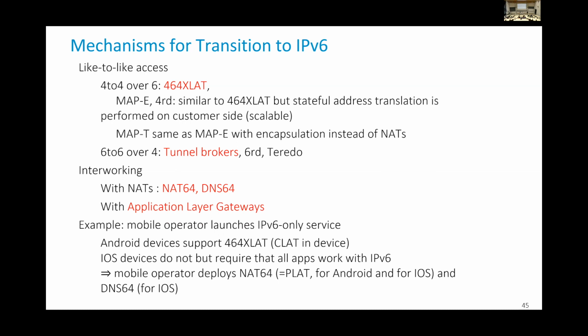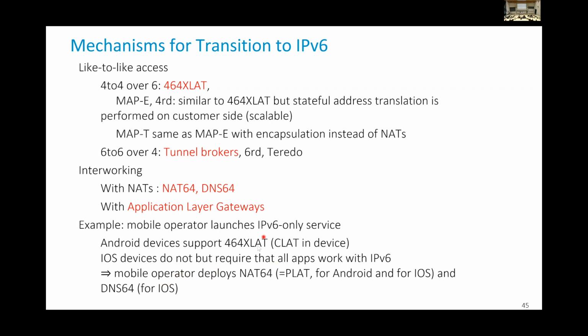So if you do something new today, if there is growth in your network, you will have only IPv6 addresses. If you're not new, if you're a Swisscom, you have a big block of IPv4 addresses that you keep and can reuse. But if you're a new entrant into that business, you will get only IPv6. So then you will be forced to deploy these 464XLAT solutions, including the DNS64.